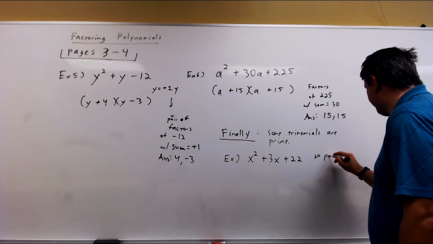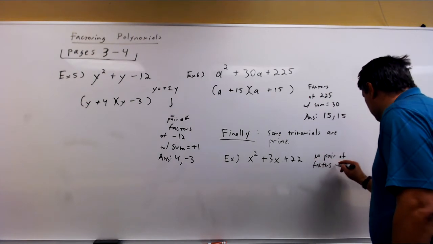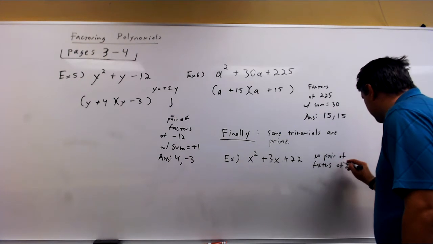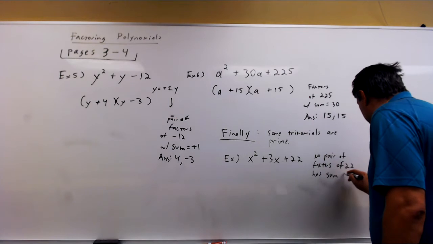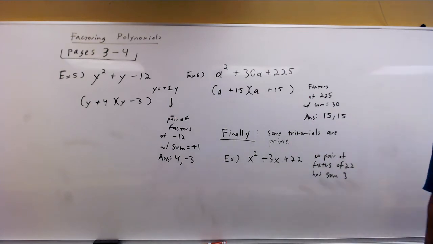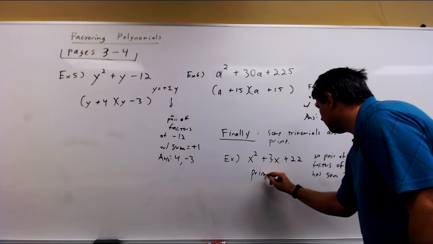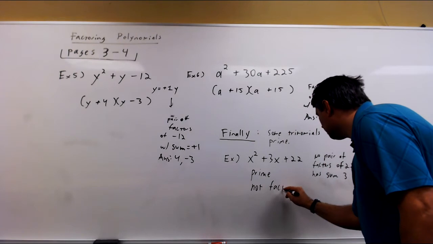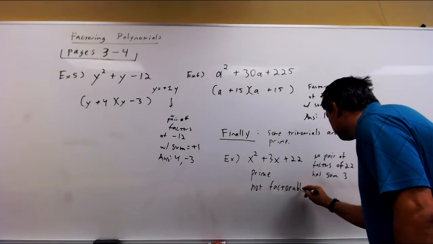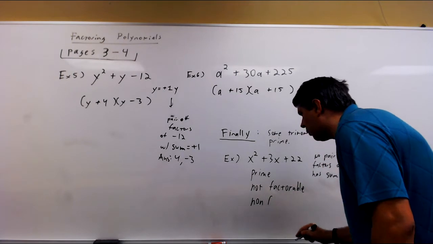No pair of factors of 22 has a sum of 3. Okay? So this is prime. Not factorable. Or non-factorable, one word.